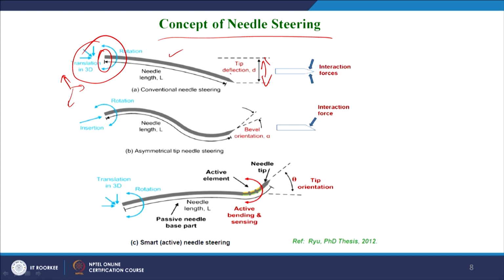and it has the shape of the needle tip being conical, that is a symmetric needle tip, so that the reaction forces to the needle tip are shown here, equal reaction force on both sides, and asymmetric tip needle steering, that is the needle has the asymmetric tip, so that it has a bevel shaped needle tip, where the bevel angle generally varies from 30 degrees to 60-65 degrees.